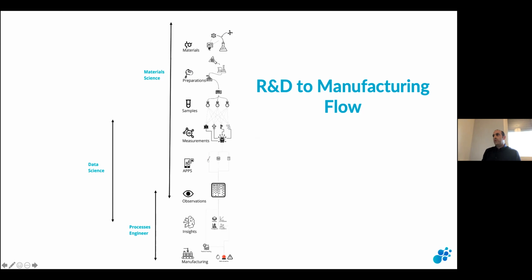If you look at the story of the research all the way to manufacturing, it obviously starts from materials, and here we bring materials descriptors. We create a repository of many materials, and we constantly enrich these materials with additional experimental or computational information, and we tag everything, so it has all the metadata in place.